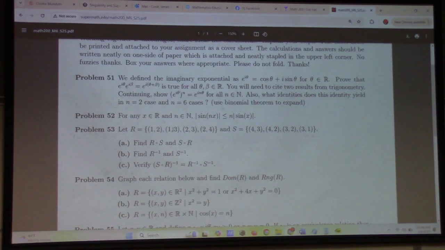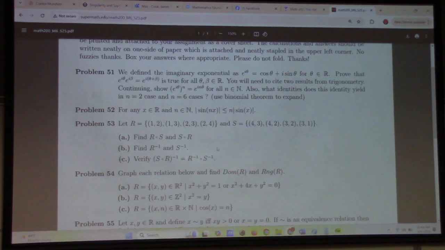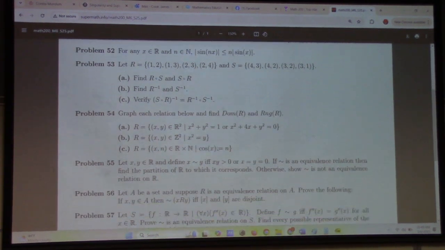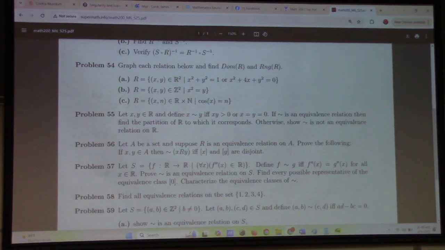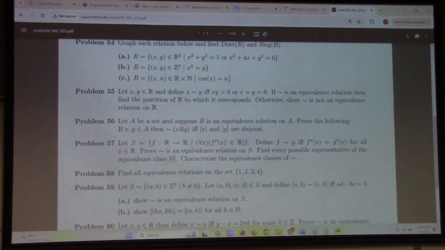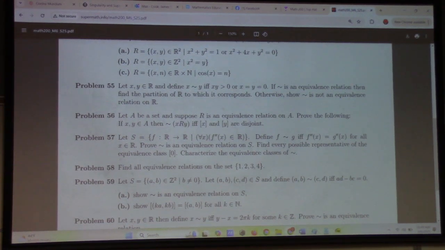So if you get stuck, just come talk to me. Now, problem 53, I think you guys can be fine with that one. That one's not a big deal. Problem 54, we talked about that stuff two classes ago. Problem 55, it is in fact an equivalence relation.